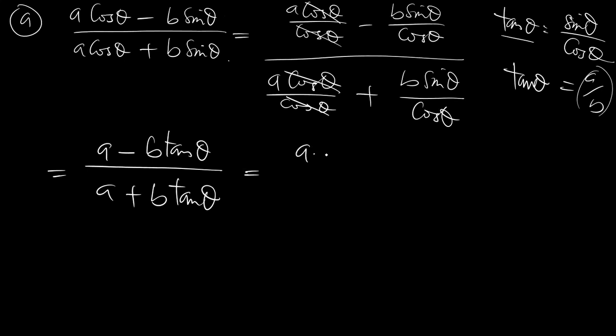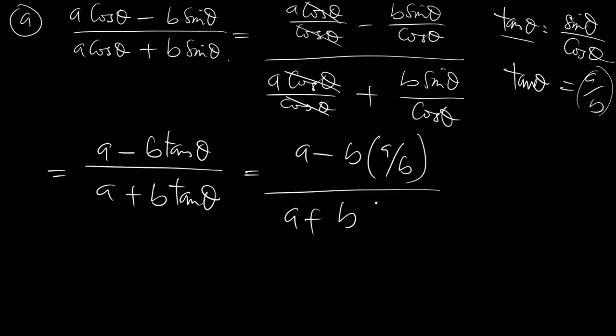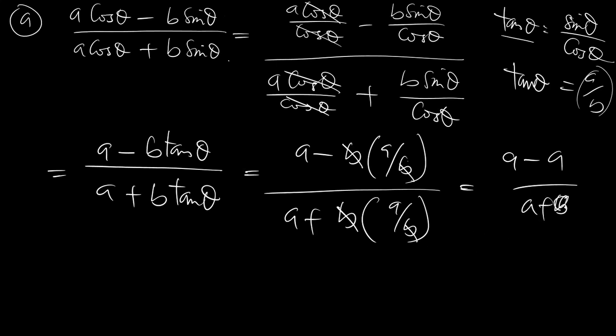So you now have A minus B into A all over B, divided by A plus B into A all over B. So this B cancels this B. You have A minus A over... A plus A, sorry. This is equal to what? 0. So that means the answer to this is equal to 0.